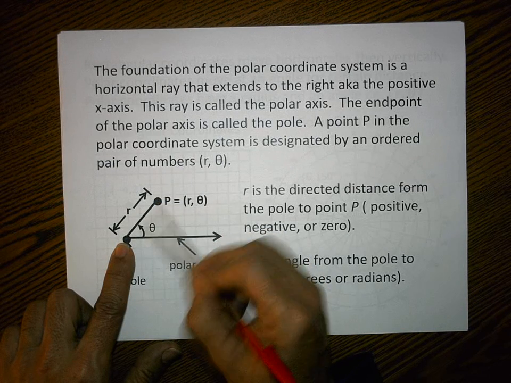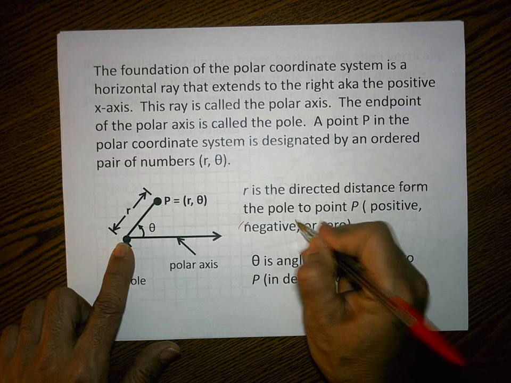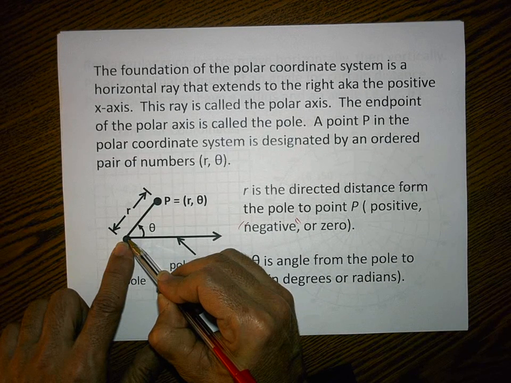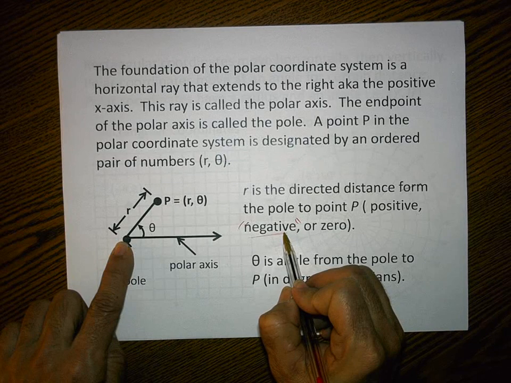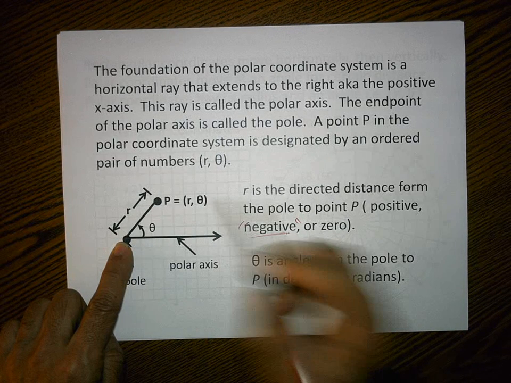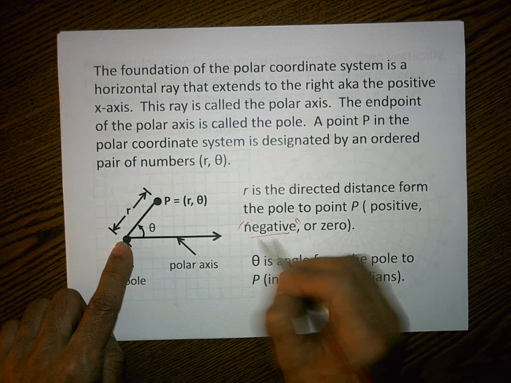It can be a positive radius, it can be negative. We'll talk about that in just a minute. Or zero. I can stay at the pole and have zero radius. Can it be negative? Yes. For this purpose here, yes, it can be negative. I would like you to think of it more as a reflection than a negative radius.